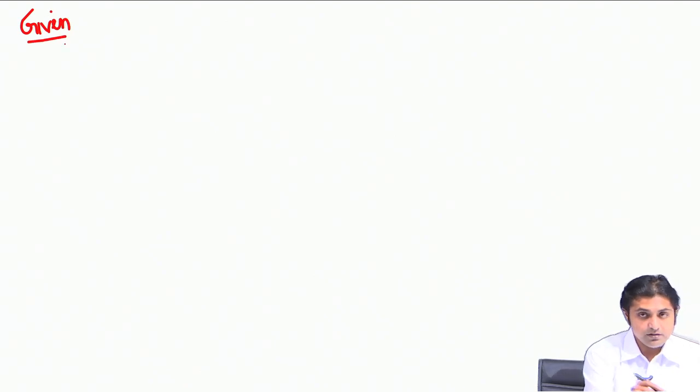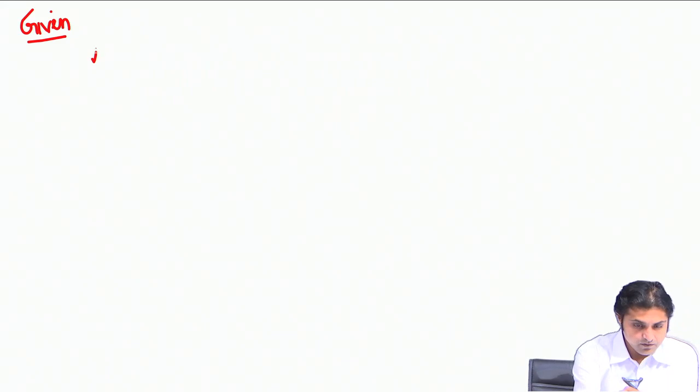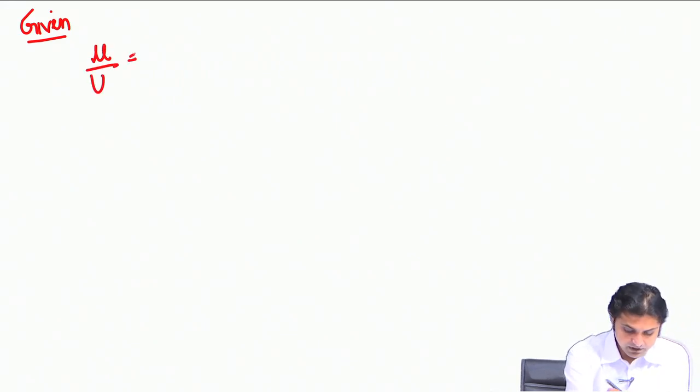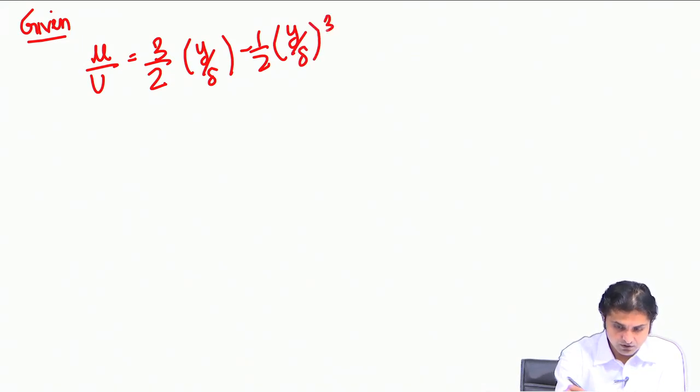So, first write what is given to us. u by capital U is equal to 3 by 2 y by delta minus half y by delta to the whole cube.